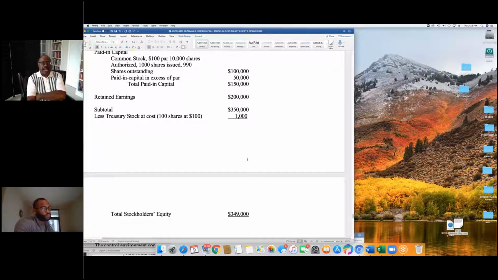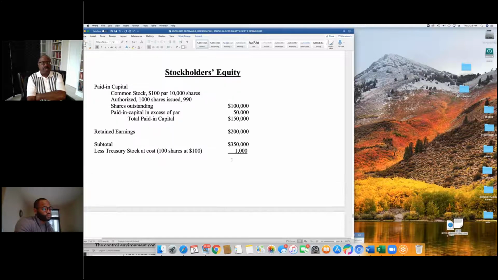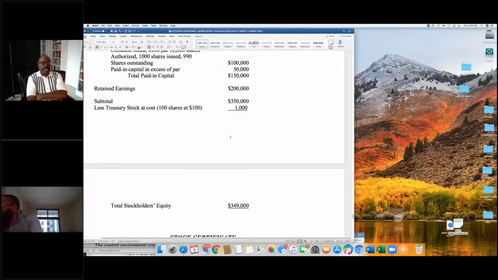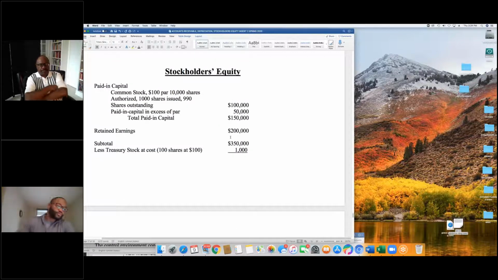then that reduces it. So we show what we issued in total, but then we show how much has been bought back. Now, sometimes the stock is bought back to give to employees, but a lot of the time it's bought back so that the remaining shareholders will have more value in the company.